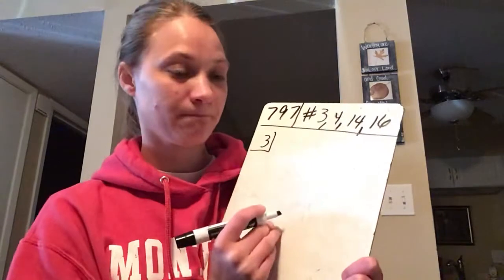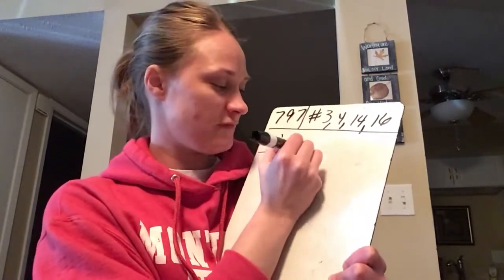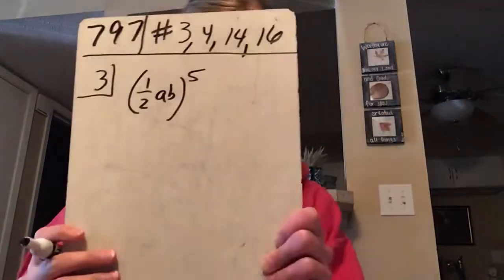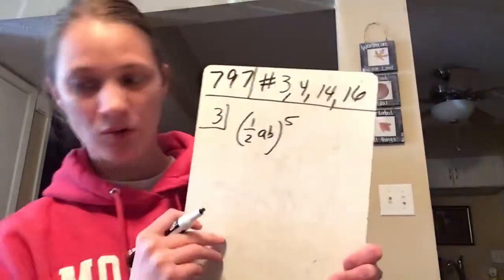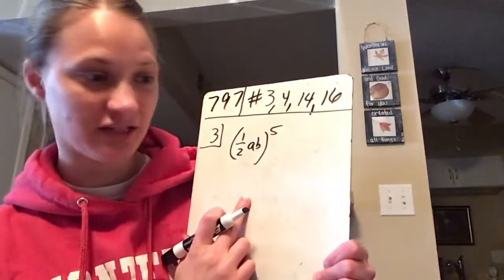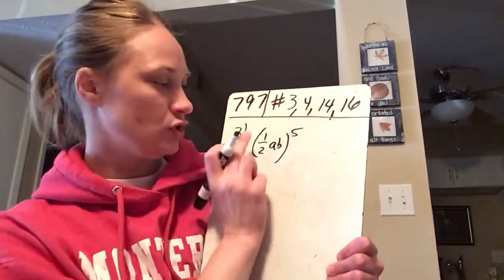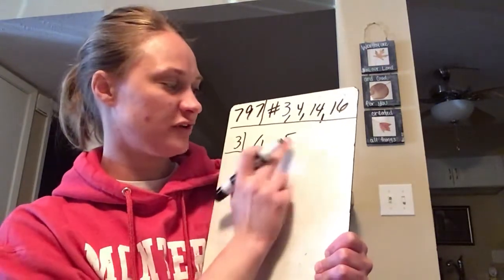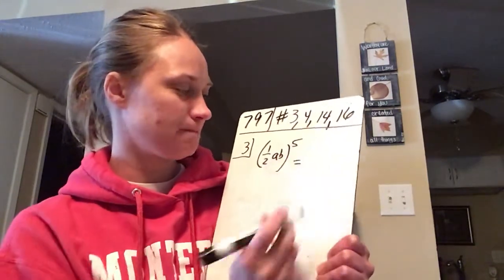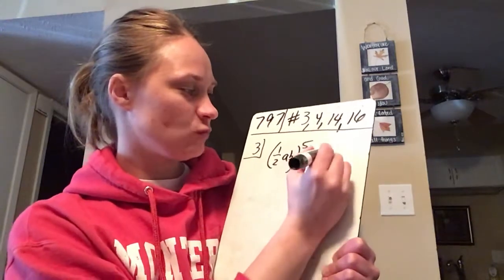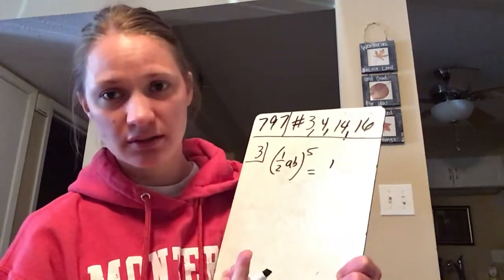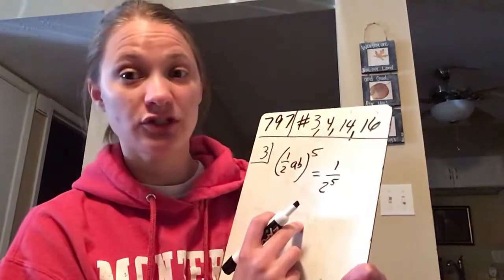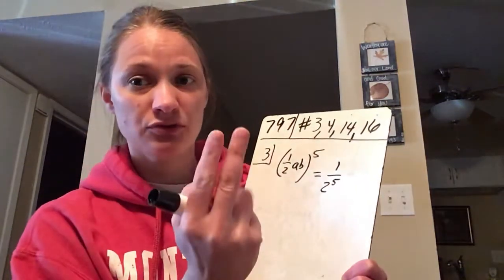Just stay with me. Number 3 looks like this: 1/2 AB, parentheses, raised to the 5th power. What happens is everything in there gets raised to the 5th power. The 1/2, we're going to do the 2 to the 5, but it's going to stay on the bottom. So I'm going to have 1 to the 5th power, but the 2 to the 5th power is the part that's going to change. 2 times 2 times 2 times 2 times 2.